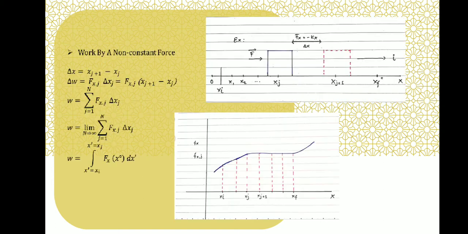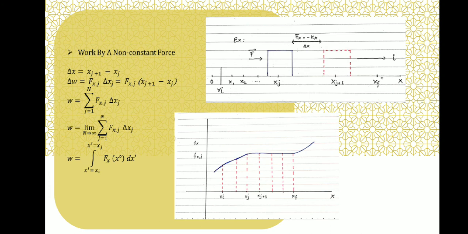What we see now is that the little work, as for a constant force, can be approximated by the area under the curve only for the small interval between xj and xj plus 1.